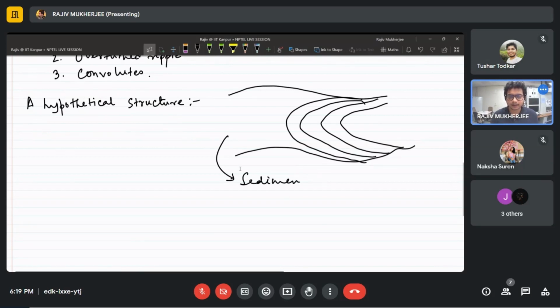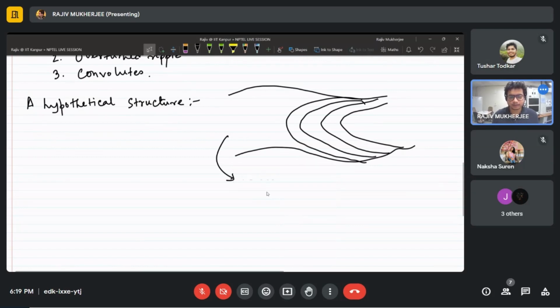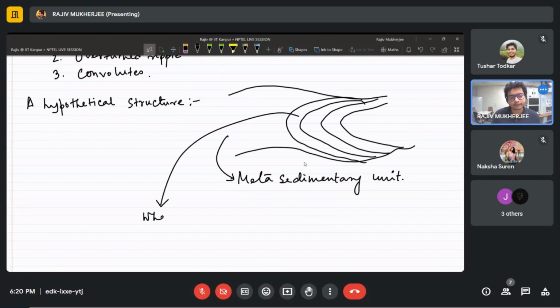Let us say that this is a metasedimentary rock. So this is a metasedimentary rock, right? So first of all, tell me, anyone, what is this structure? Any idea?